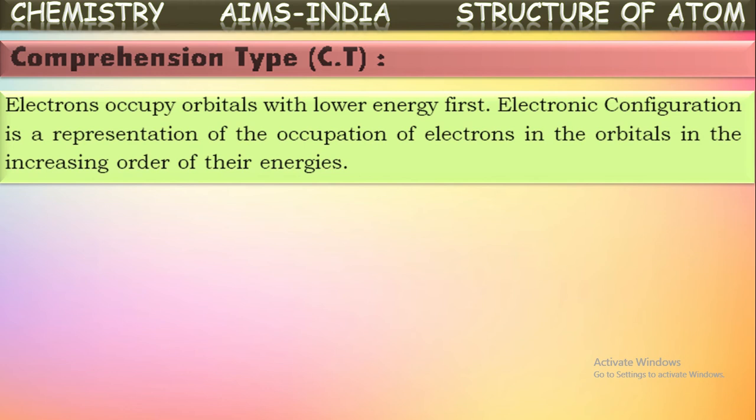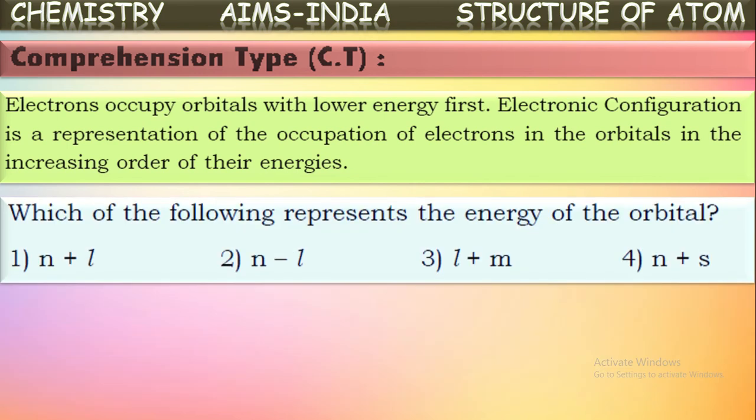And what is the next statement? About electronic configuration. It is a representation of the occupation of electrons into different shells and subshells in the increasing order of their energies. Based on these two concepts, we are going to have some questions here. See the first one. Which of the following represents the energy of the orbital?